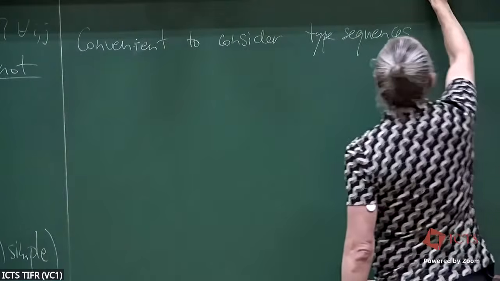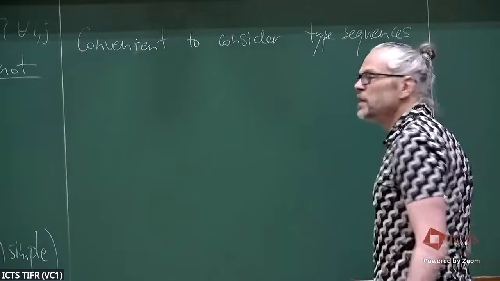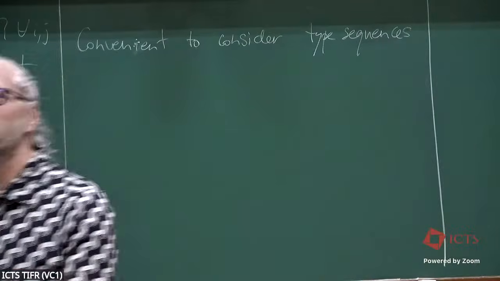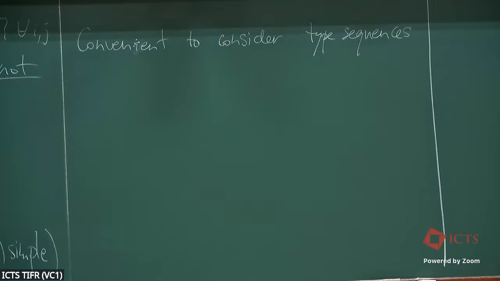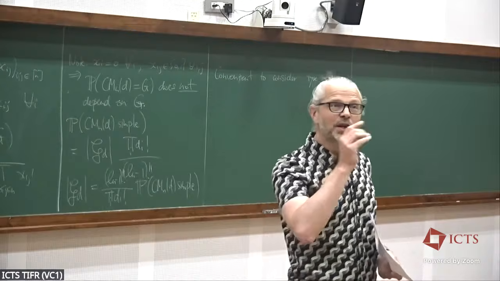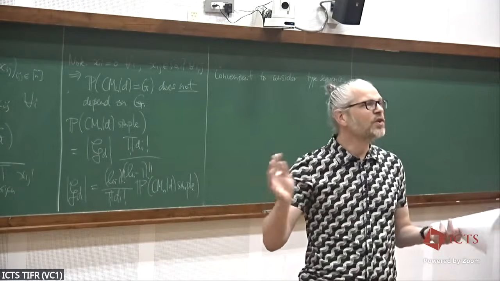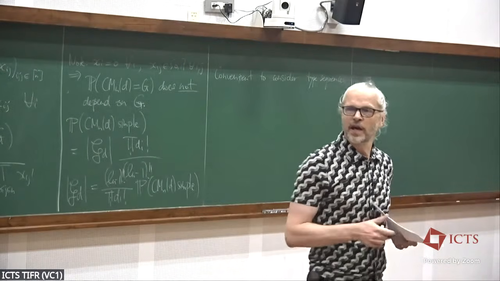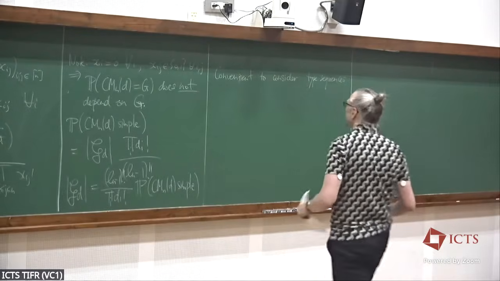This is a slightly different way of ordering the vertices. Rather than saying vertex i has degree d_i, I'm going to be thinking about how many vertices of degree k I have for every k. So I'm going to write down n_k.